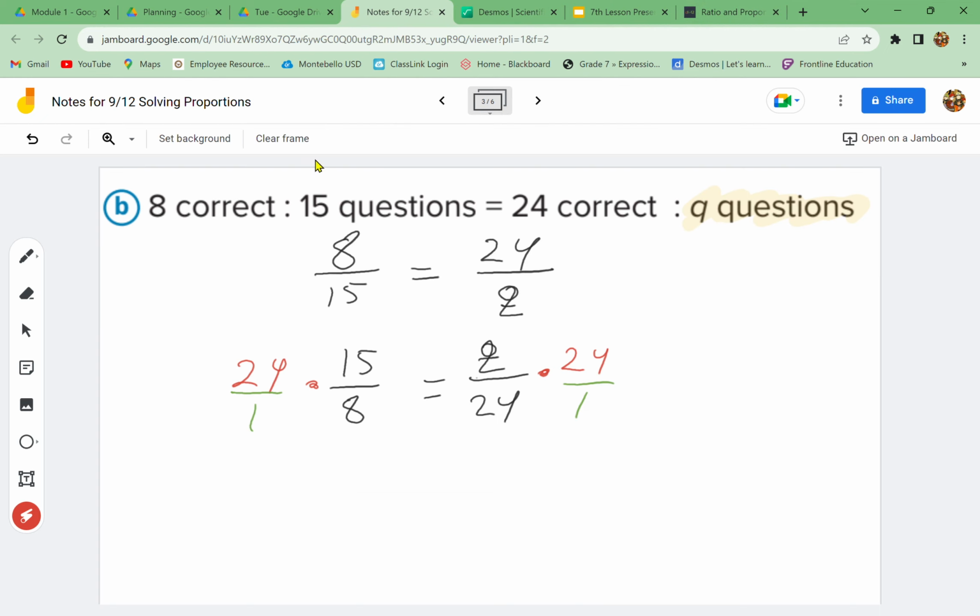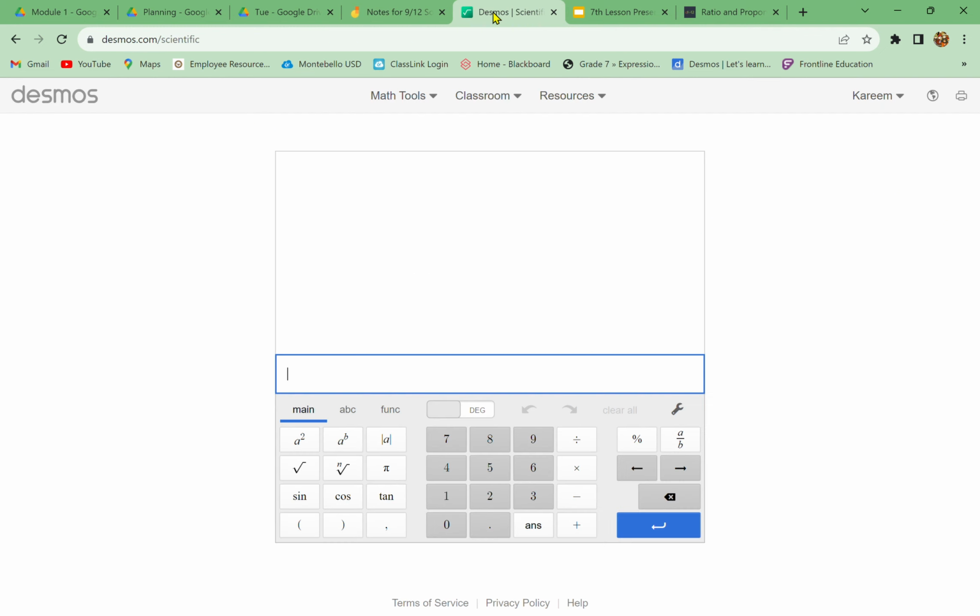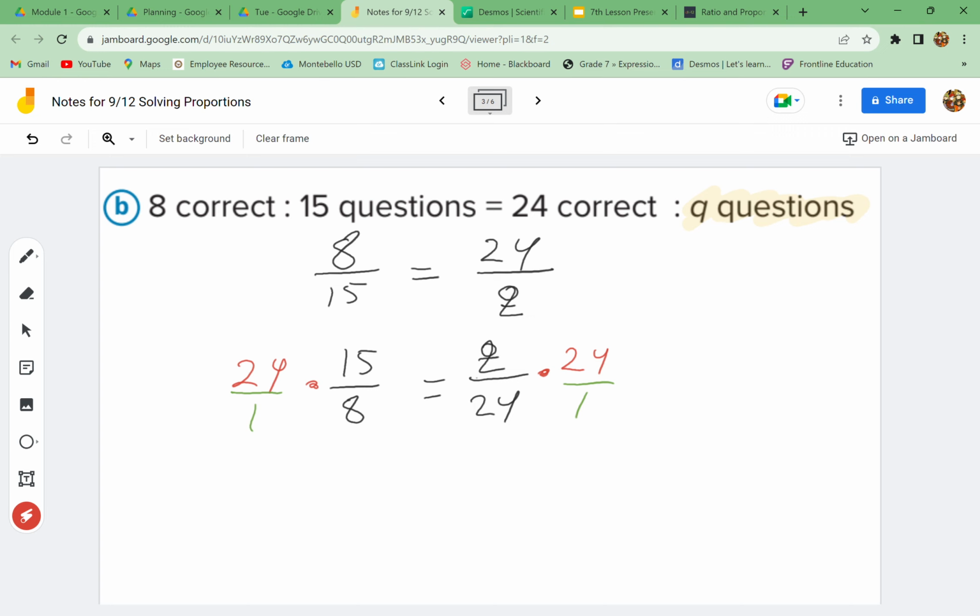I multiply 24 times 15. So I put 24 times 15 and I get 360. Okay, so I'm going to write that here. 300, whoops. I put 360. And then I'm going to multiply 8 times 1, which I get 8.